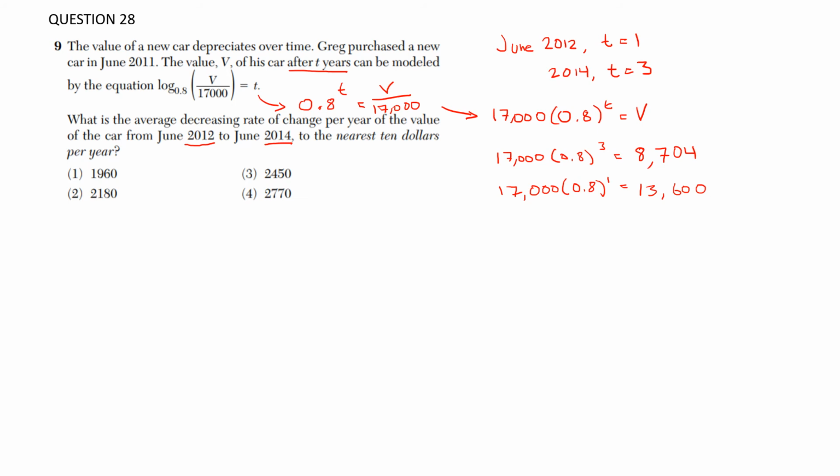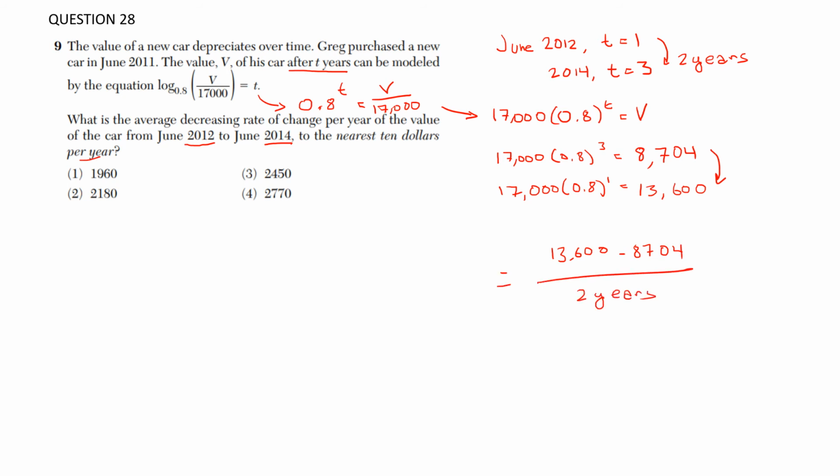Now we can just find the slope between these two values. We know that because it's per year, and there's a time difference here of 2 years, right? We can just find the difference of this and then divide it by 2 years. So rise over run, right? So 13,600 minus 8,704, and we divide that by 2 years.